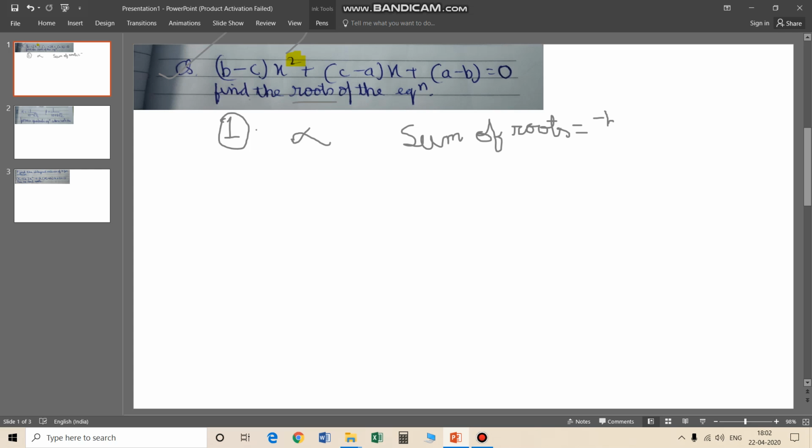What are b and a? b is the coefficient of x. a is the coefficient of x square. c is the constant. This is the most basic thing you must know for starting with quadratic equations.